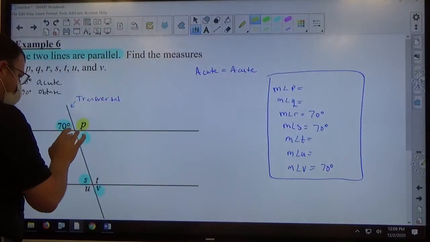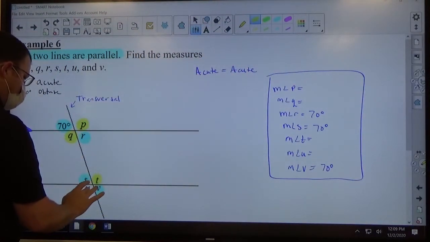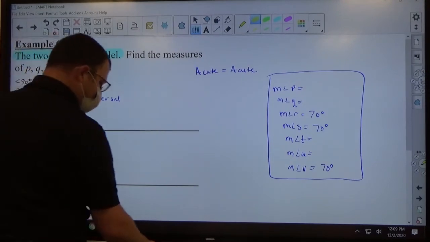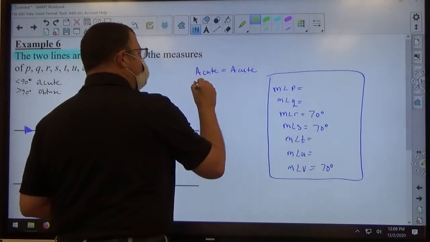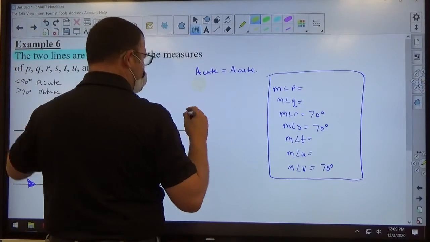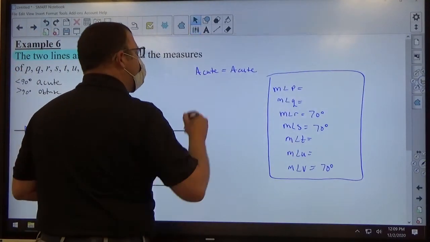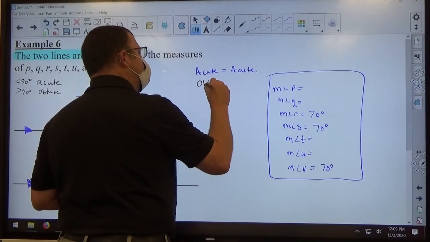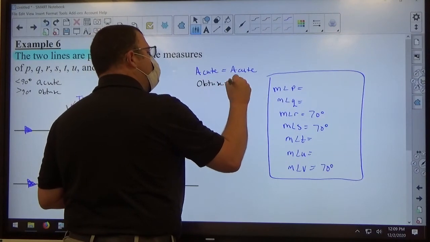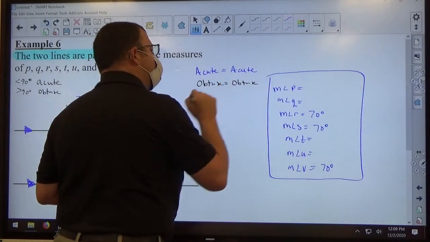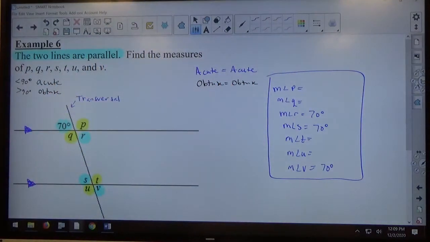So P and Q and T and U are all obtuse angles. All the obtuses are equal to all the other obtuses. But you'll notice that none of the obtuses are known. They don't tell us what the obtuse value is. All we know is the acute value.